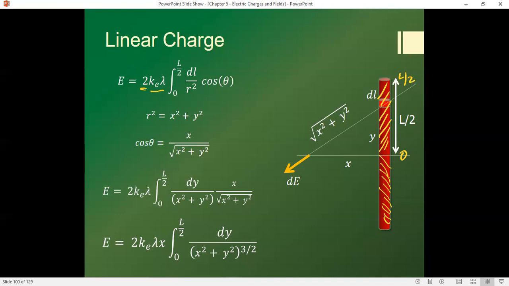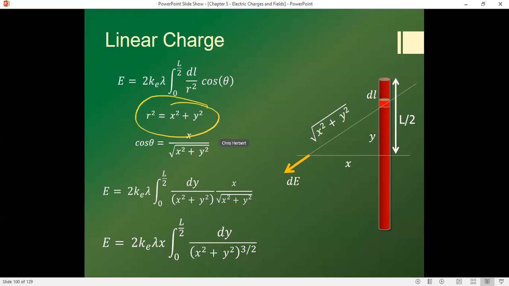Again, dq was equal to lambda dl. So dq has been replaced by this lambda and this dl. R squared is still in there. And because we're only taking the x component, we're only integrating over the x component, we have that cosine theta right there. Now let's make a substitution for R squared.